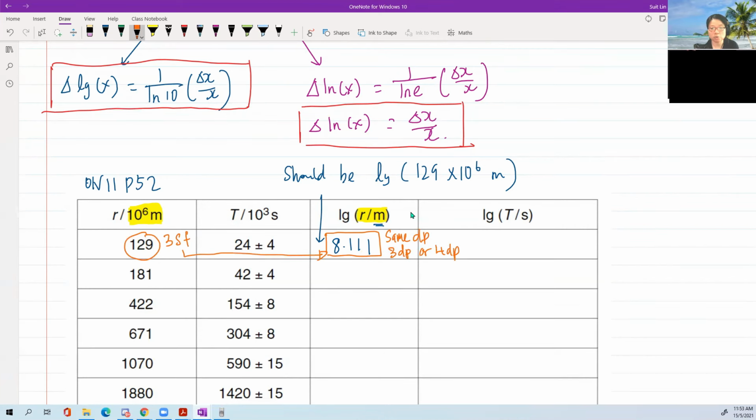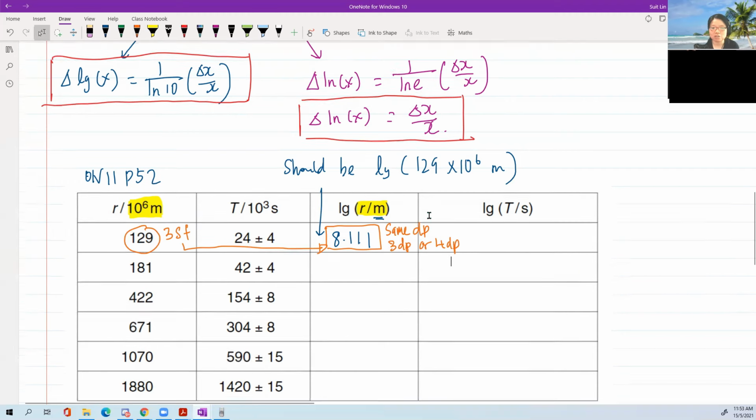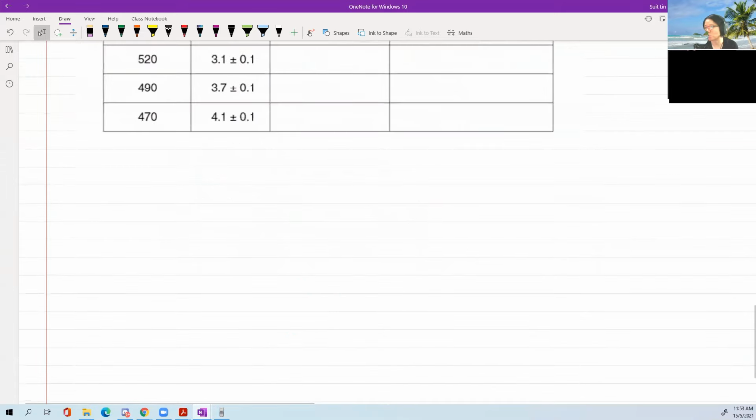So normally, when we transfer values, let's say we look at a table that is not log and ln, just a regular old table. Let me go and find another one. Okay, maybe this one.